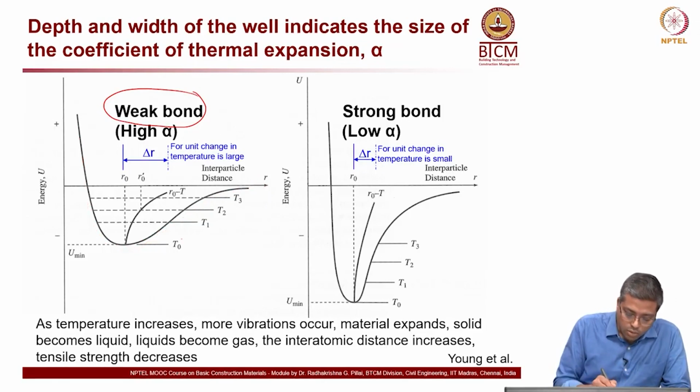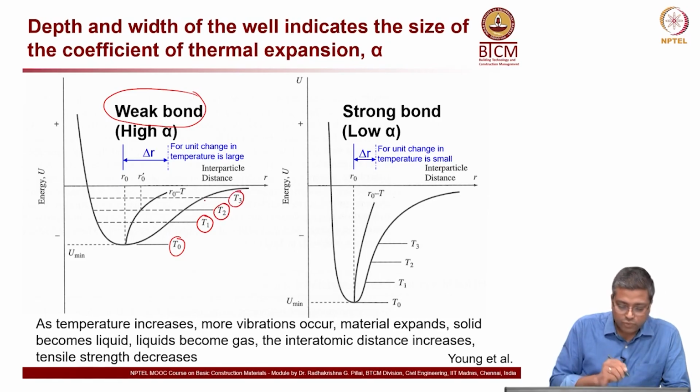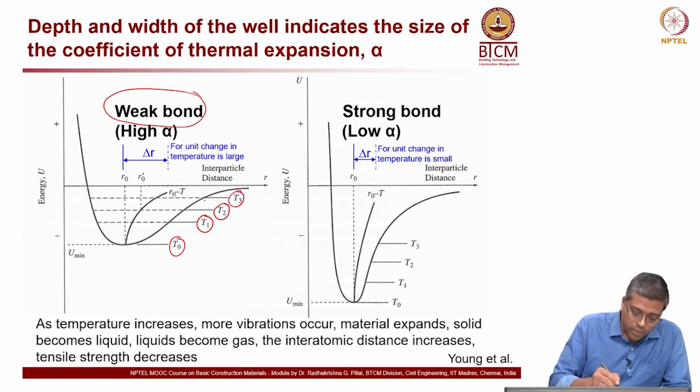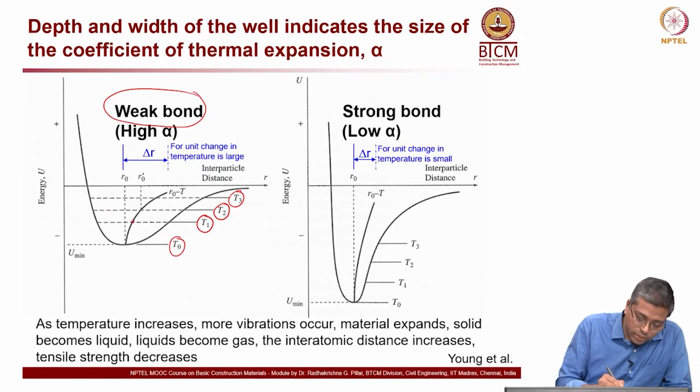Now, look at T0, T1, T2 and T3, four different temperatures we are talking about. At T0 this solid black curve is the curve. Now, what about at T1? If I take this here, the curve might become something like this.